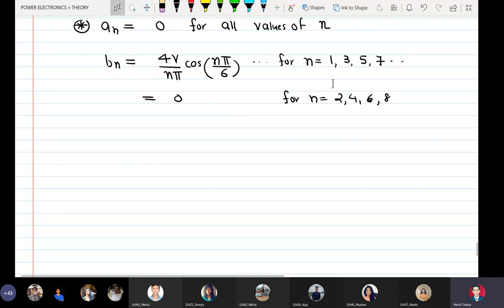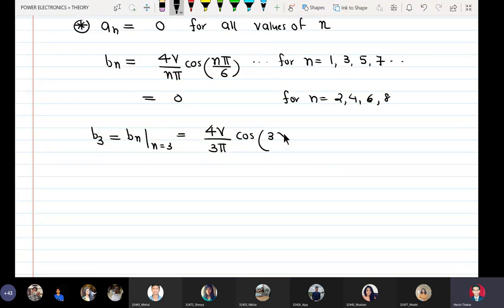But students, there is a problem here. I cannot write down 1, 3, 5, 7. Just do a very primary analysis. What is the value of Bn for n equal to 3? Let me find B3. B3 is equal to 4V upon 3 pi into cos of 3 into pi by 6, which is cos of pi by 2, cos of 90 degrees, equal to 0.